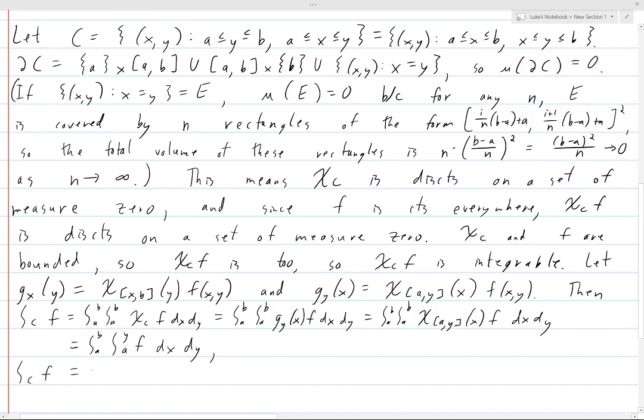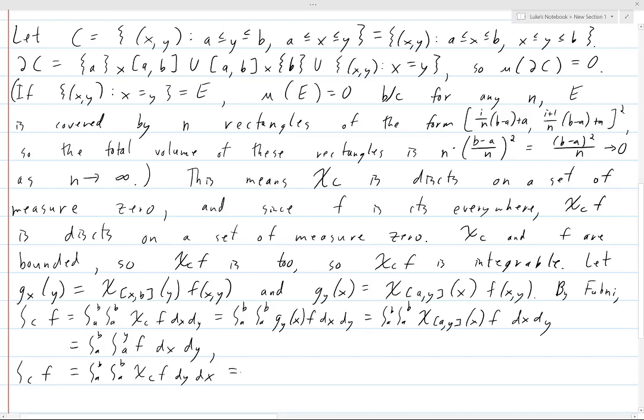And then the next thing, if we compute it the other way, if we do the same integral, but we do it dy dx. And by the way, this is all doable because of Fubini's theorem. By Fubini, because f is integrable. So again, it's going to be the integral a to b.